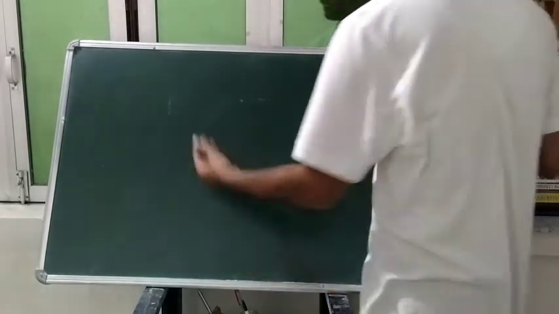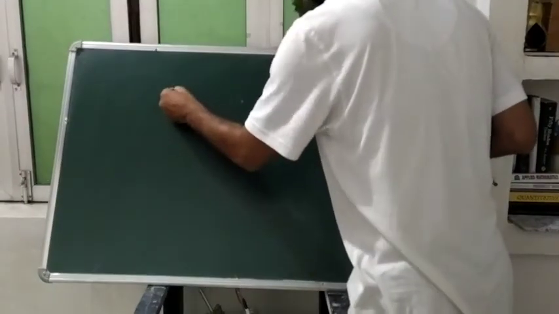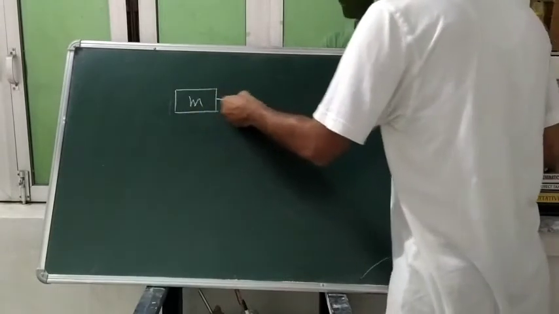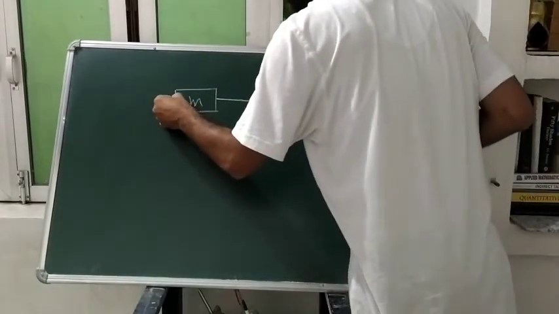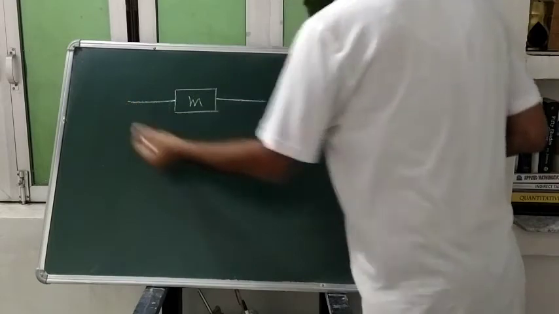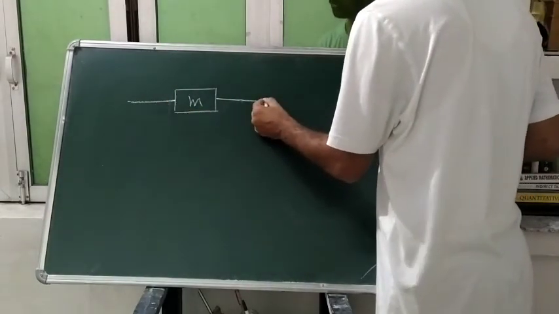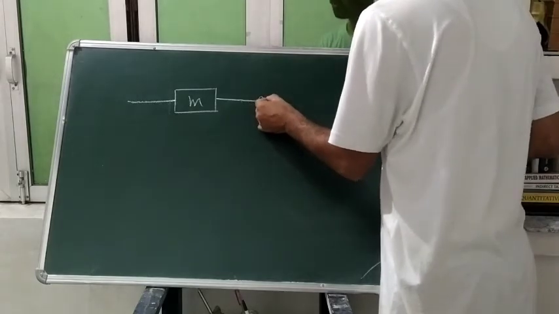Look student, we are having a situation that a block of mass m is here and a string is attached from this side and this side, and you are pulling it.